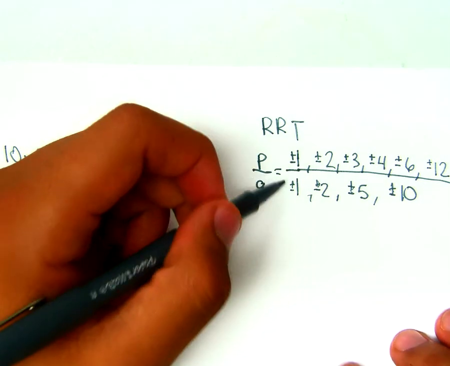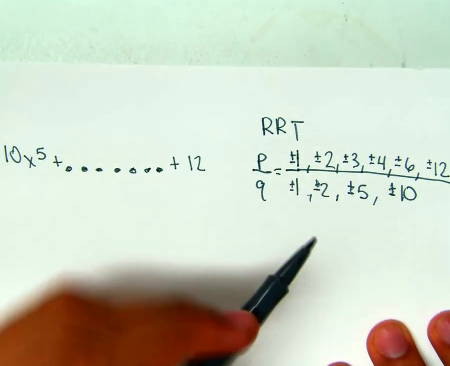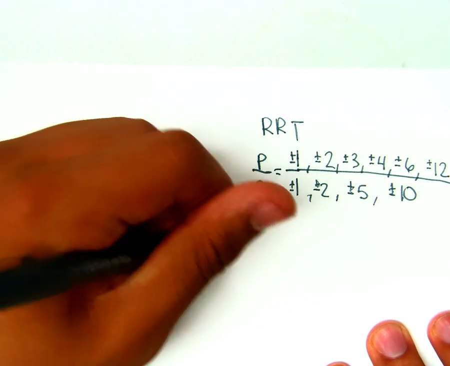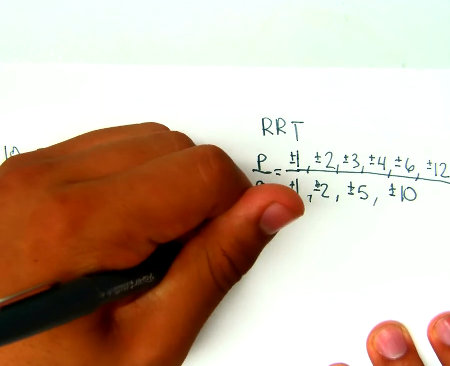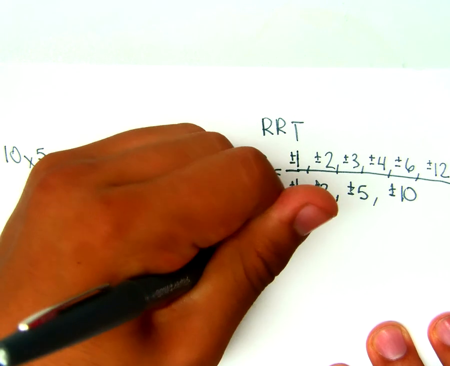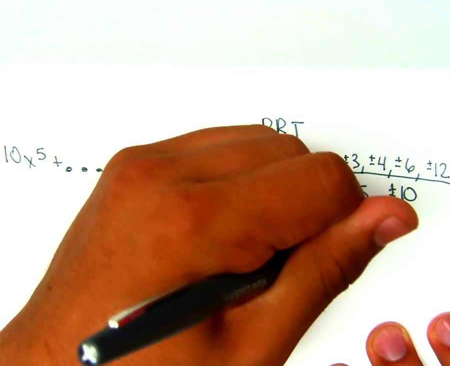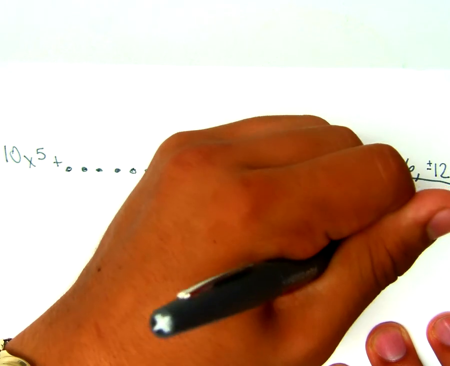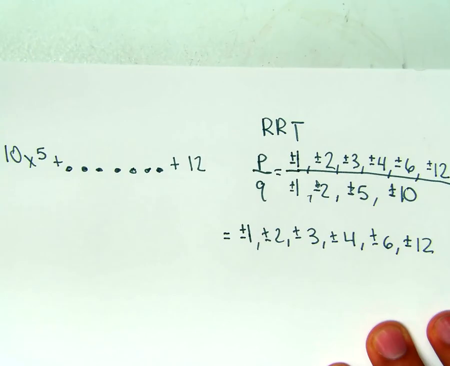So, if we start with the 1, everything divided by 1 will just be what? Yeah, just itself. So we'll get plus or minus 1, plus or minus 2, plus or minus 3, all the way to 12. Do not write so on and so forth.